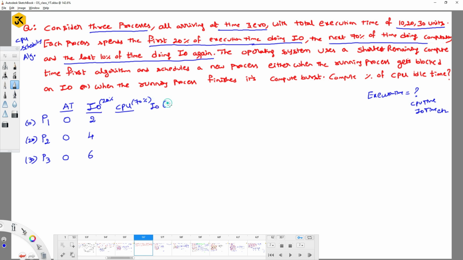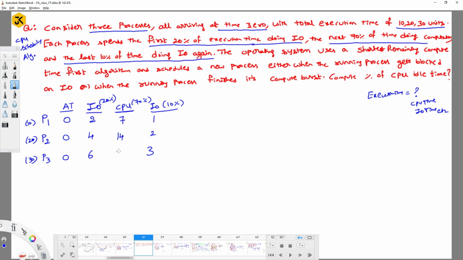Again the next 10% will be doing IO computation, right? So the last one I can write as 1, 2, 3. Am I right? If this is 20%, this will be 10%. So can you calculate the middle one? 3. 10 minus 3 is 7. 14.